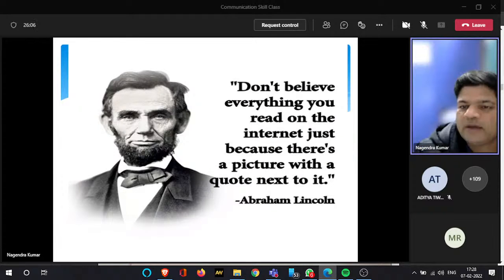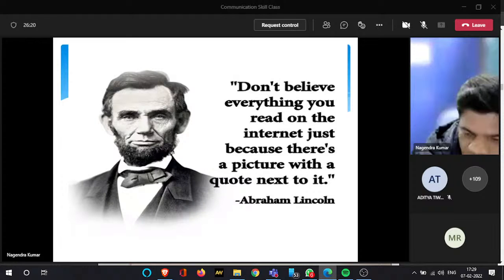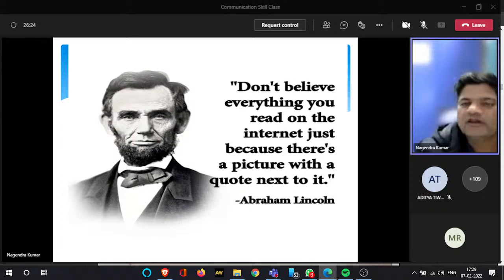So Abraham Lincoln, the celebrated American president who has given the most quoted definition of democracy, by the people, of the people, for the people, he said, don't believe everything you read on the internet just because there is a picture with a quote next to it.